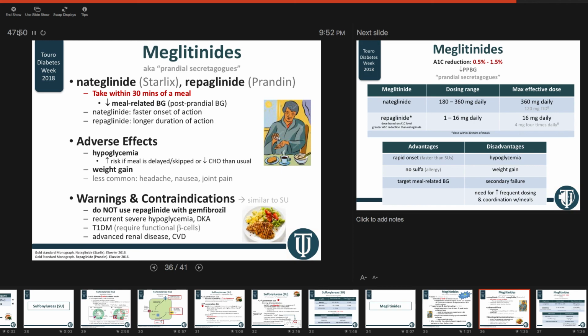And similar to sulfonylureas, for those who have recurrent severe hypoglycemia or DKA, type 1 diabetes, decreased renal function, or cardiovascular outcome concerns, we want to avoid meglitinide.